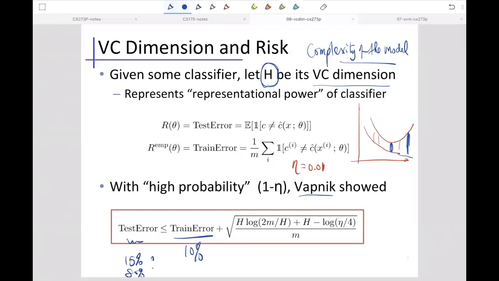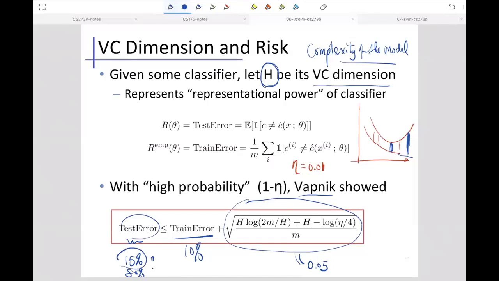Which number is it? Then what if you calculate this bound? Suppose this number here is 0.5. Let's do that. Suppose this number is 0.15, and that's good, and you're fortunate, because you know for sure now your test error is not going to be greater than 15%.